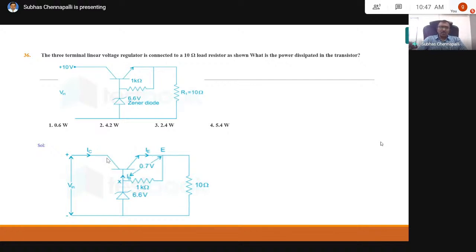So IE is equal to IC plus IB. I name this point X. Then the current that flows through 1 kilo ohm gets added to IE and finally goes through 10 ohms. What is asked is the power dissipated here. Let us calculate IC and calculate VCE.